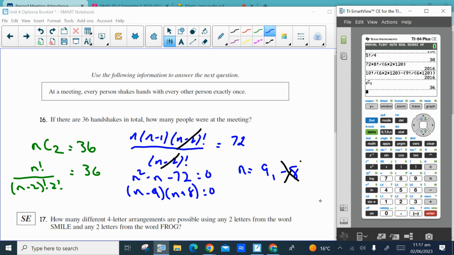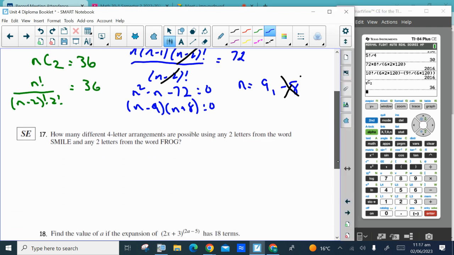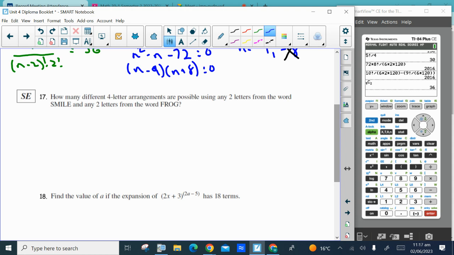Okay. How many different four-letter arrangements are possible using 2 letters from the word smile and 2 letters from the word frog? So this one has to be done in 2 steps. The first step is choosing the 2 letters from each of the words, and then you have to arrange them. Now, the order you choose the letters doesn't matter.